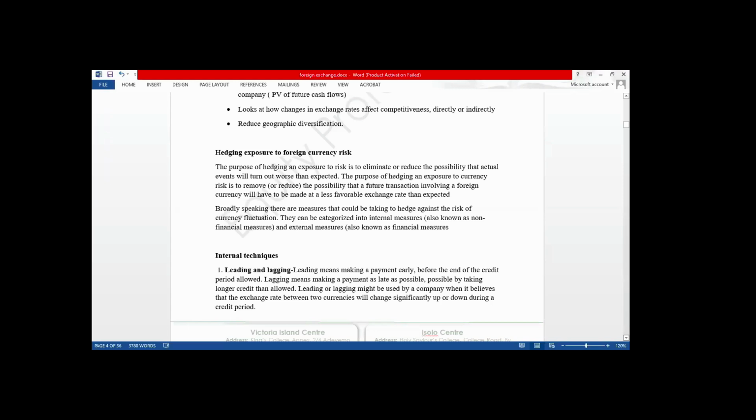Examiner says, explain the non-financial measures to protect a company against exchange rate fluctuation. So you have non-financial measures, then you have the external measures. The external measures are the financial measures. Let's go to this quickly.